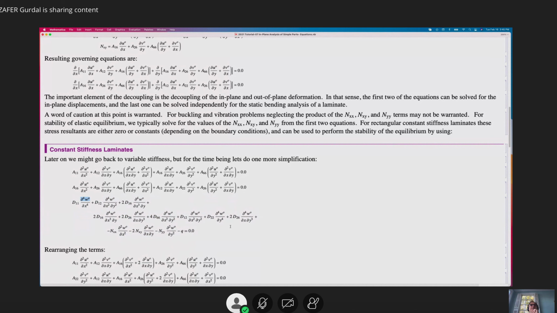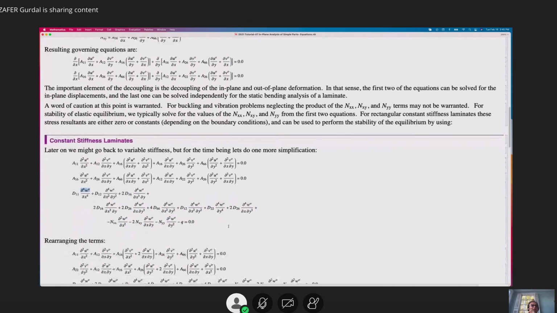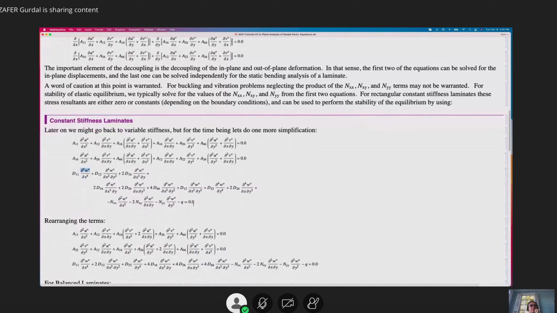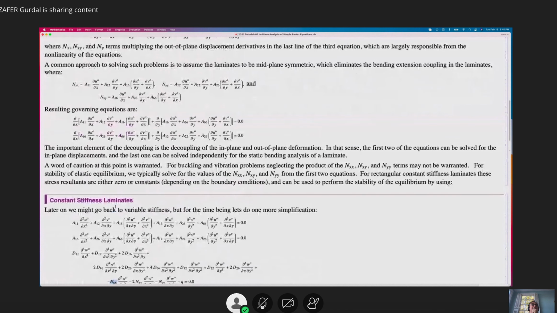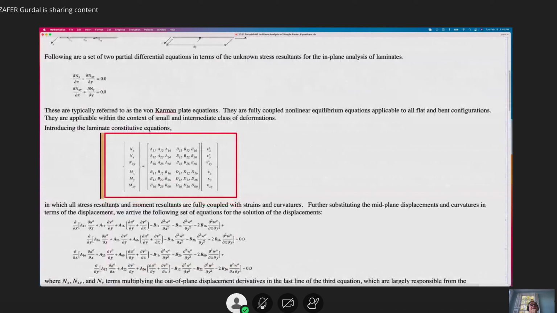However, there is a nonlinear term in these three equations, and that one is in here. What this is, an Nx, which really is not expanded, like from here. Nx is equal to A11 epsilon x, A12 epsilon y, A16 gamma xy.